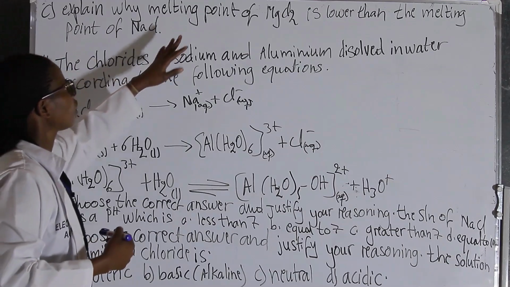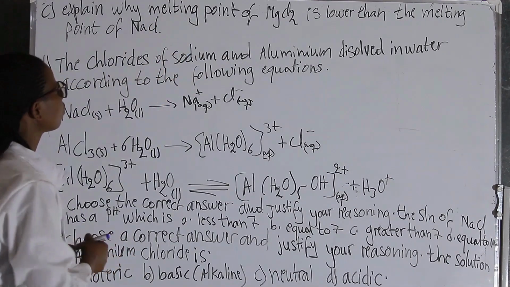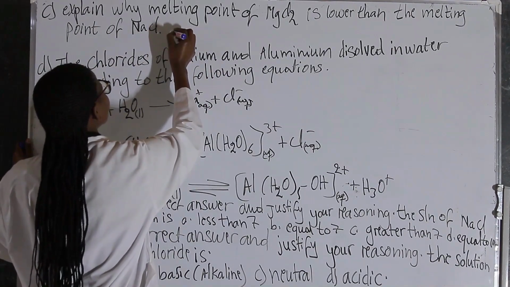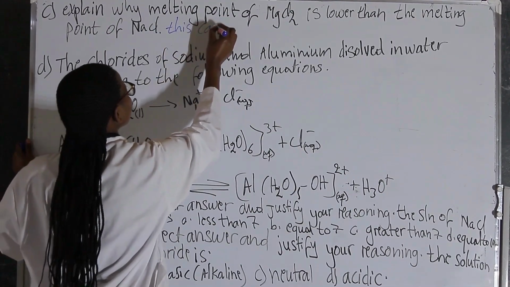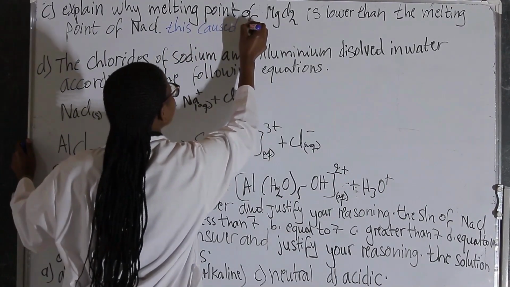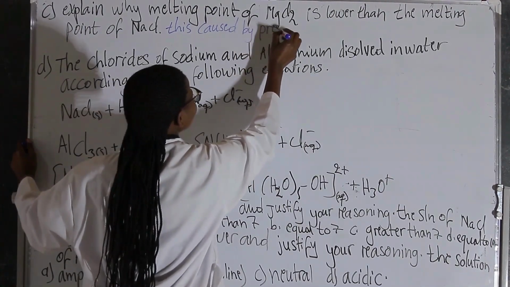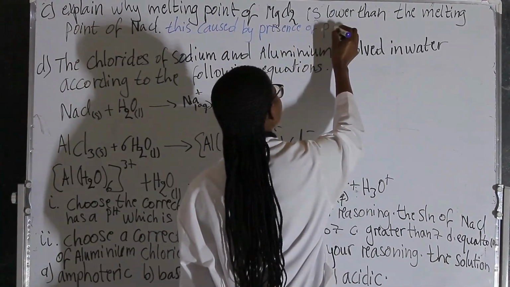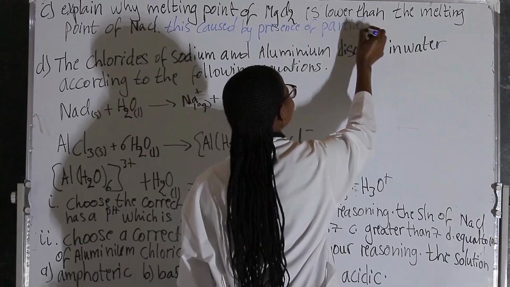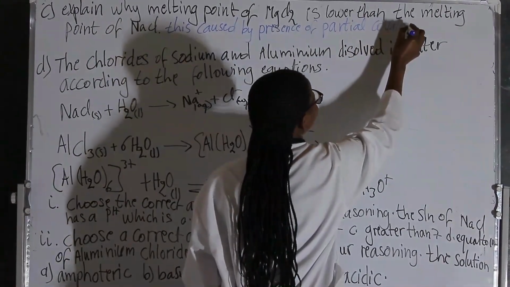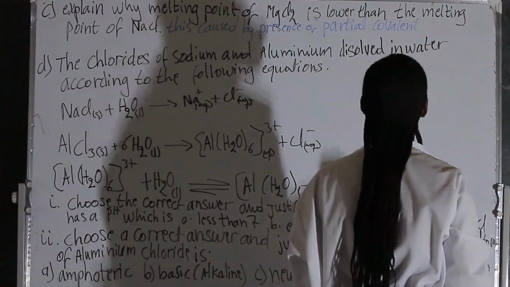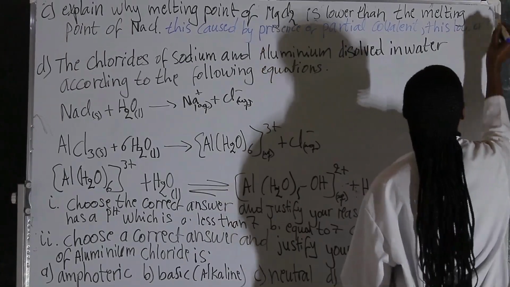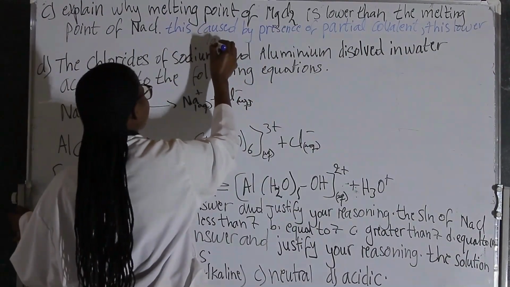Then the melting point of magnesium chloride becomes lower than that of sodium chloride. Lattice.